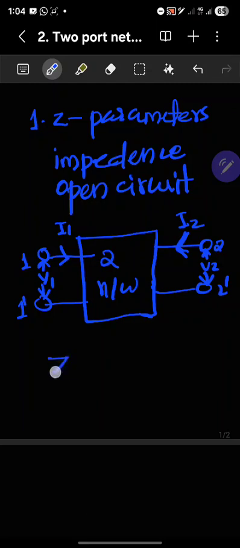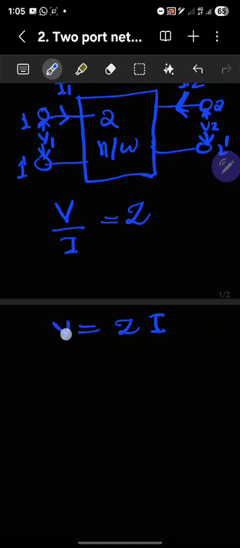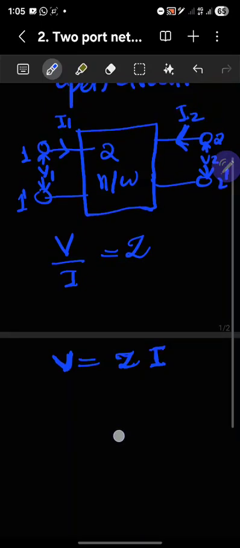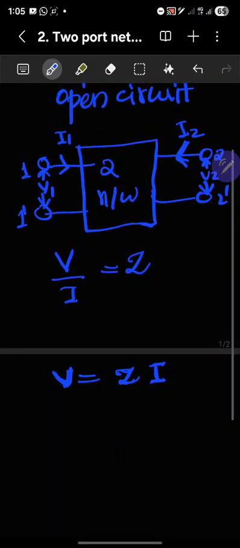So what we know, impedance Z is the ratio of voltage and current, or we can mark V by I is Z. This all of you know. So we can write this as V is equal to Z I. If we consider V as a vector, Z as another vector and I as another vector, this is the expression for the Z parameter. Here the V vector represents the voltages. How many voltages do we have?